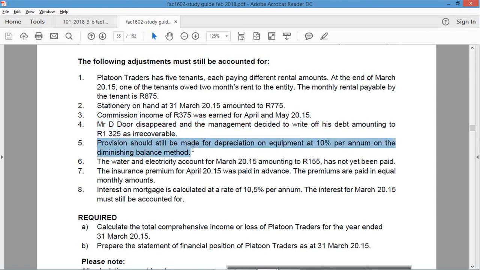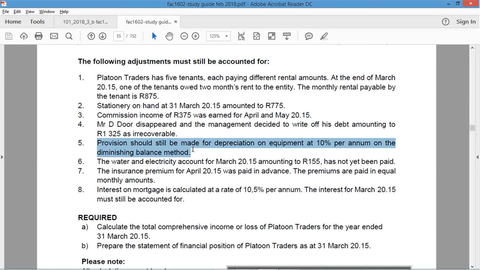5. Provision should still be made for depreciation on equipment at 10% per annum on the diminishing balance method. So I said accumulated depreciation will be credited. Good. Because it's got a credit balance. And then I said equipment will be debited. No. You credit the accumulated depreciation and you would debit what?